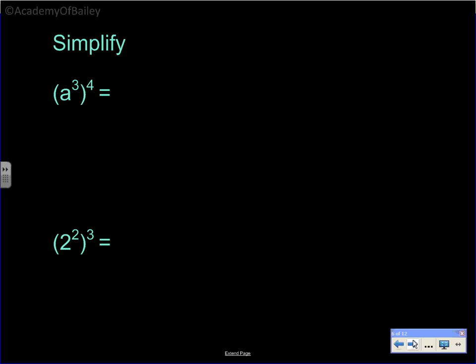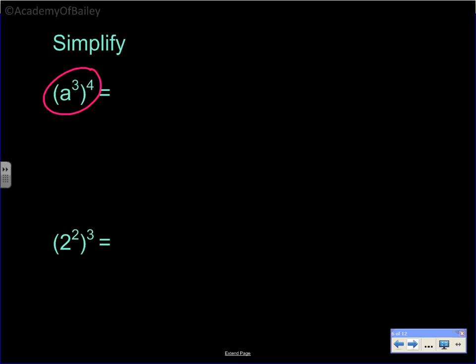All right, different type of problem here. Instead of having one number raised to a power multiplied by the number with the same base raised to another power, and simplifying it, we now have a number raised to a power and then raised to another power. Just watch this and watch what's being done here.